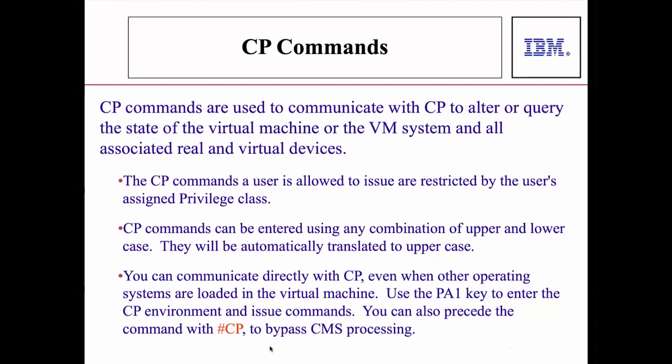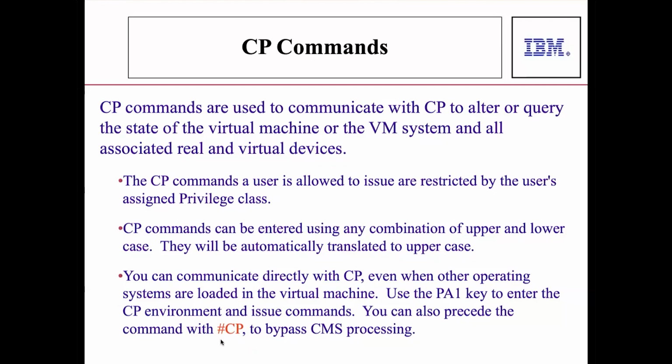The other thing you see, and you've probably seen this more often, is you can put this pound sign or hash sign CP on the very start of the command line where you enter a command. And basically CP is the one that controls your terminal. So he sees the command first. He's the one that looks at it first and says, okay, do I see a pound CP, or is this for me? And if he does, he basically processes that command, and it never gets sent to the operating system that's running in the virtual machine. It's communicated directly with CP.